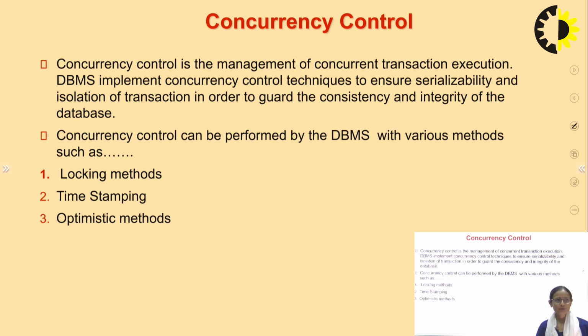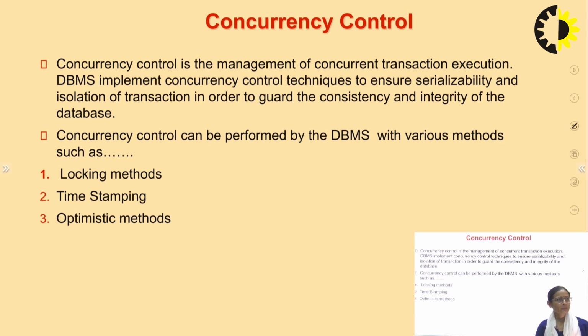So, what is concurrency control? It is the management of concurrent transaction execution. That is, the transactions are executing concurrently, but due to their concurrent execution, the consistency of data should remain proper.